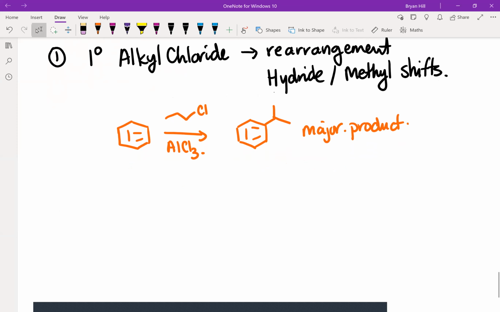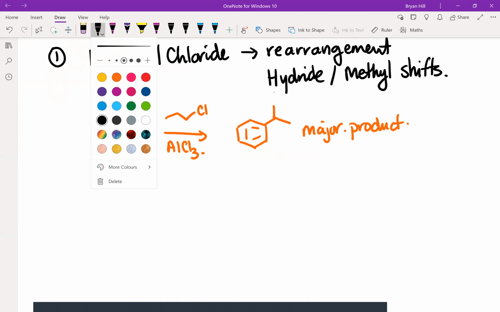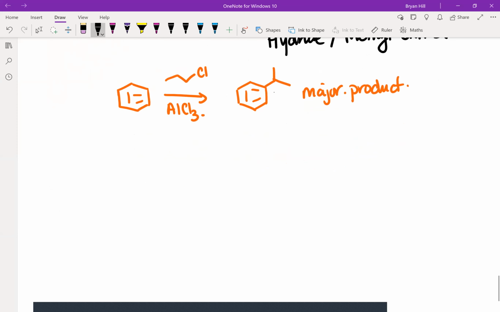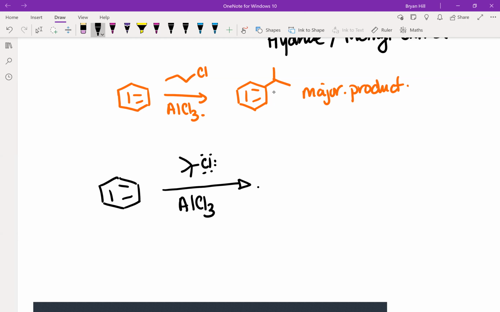Now let's pretend that we're doing the exact opposite reaction. Let's pretend that we are doing a reaction with a tert-butyl group. So tert-butyl chloride and aluminum trichloride. The major product that we should get out of this reaction is as follows: the tert-butyl benzene.